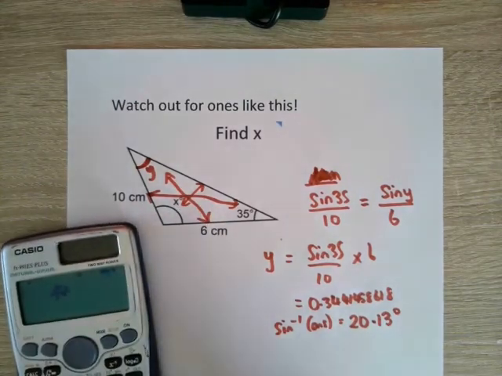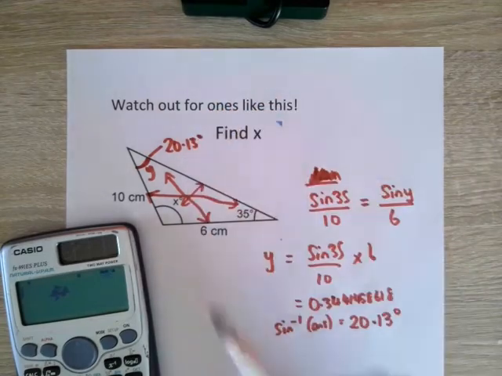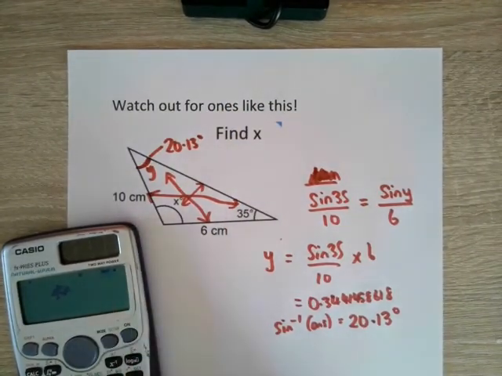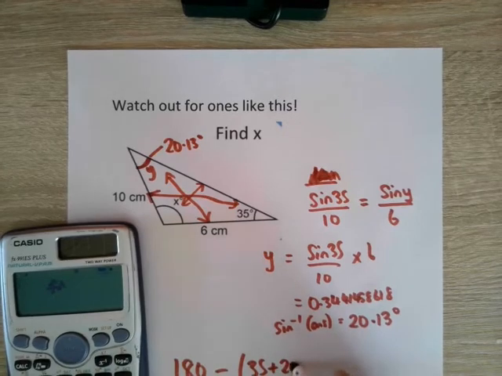Now, if I know that this one here is 20.13 degrees, I can work out what this one is, because it's just simple angles in a triangle adding up to 180. So it'll just be 180 minus 35 plus 20.13.